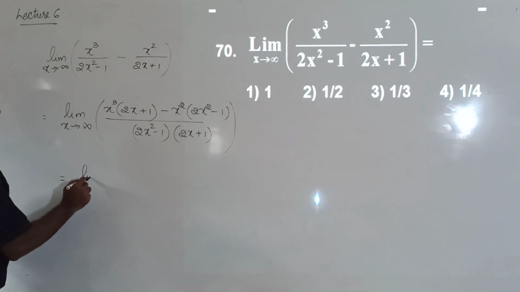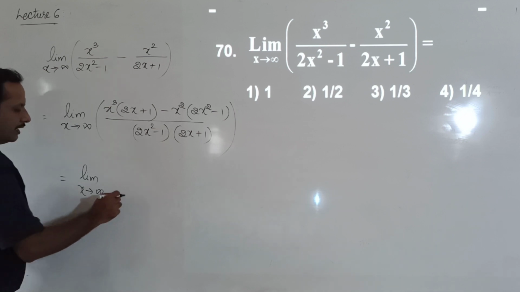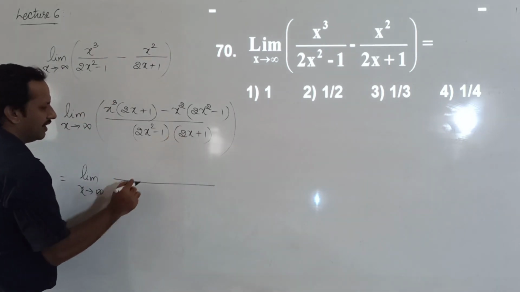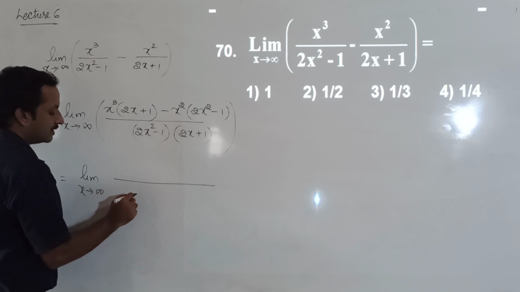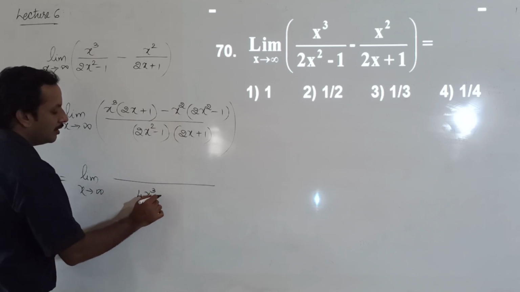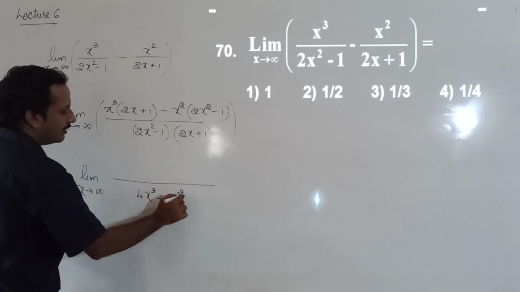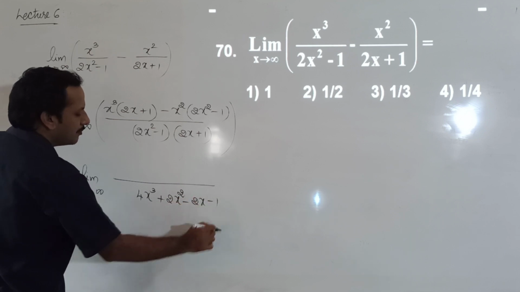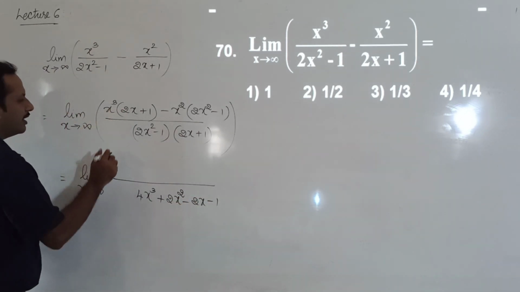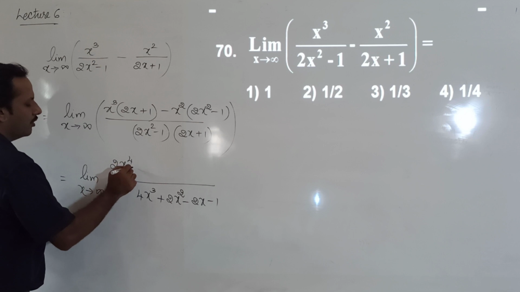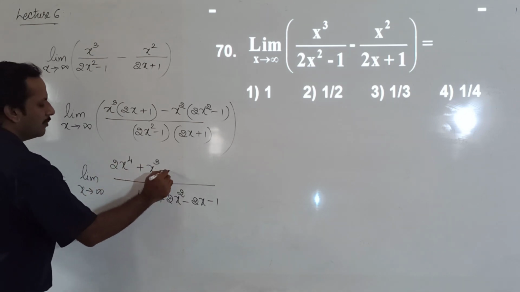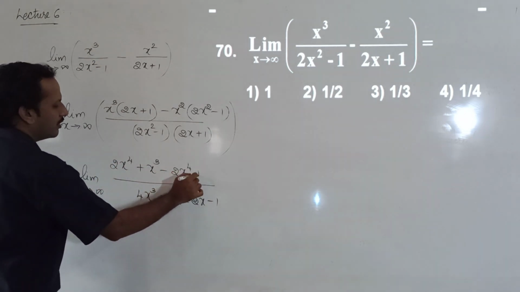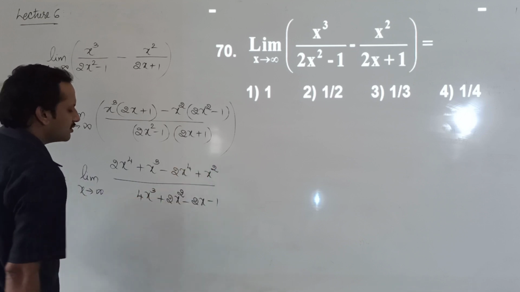That's equal to limit x tends to infinity. Here in the denominator I will just simplify. 2x square into 2x, that will give you 4x cube plus 2x square minus 2x minus 2. Then in the numerator, what happens? 2x to the power 4 plus x cube minus 2x power 4 plus x square.